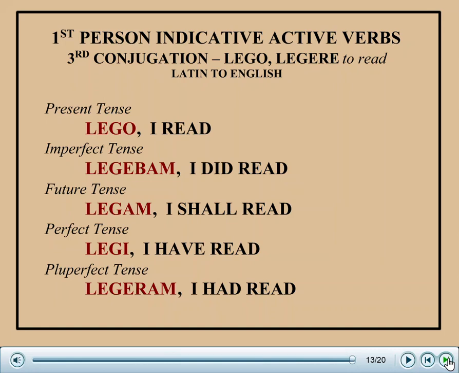In the perfect tense, legi, I have read. And in the pluperfect tense, legeram, I had read. The first person indicative active verbs for the third conjugation, lego, legere, from Latin to English.